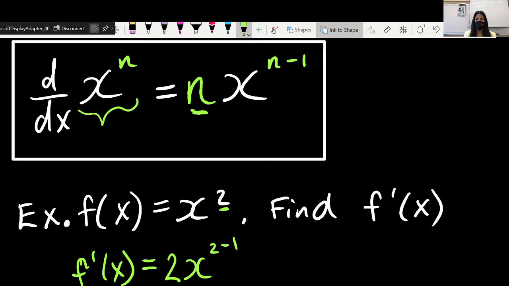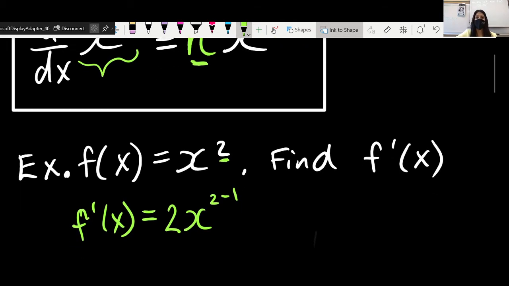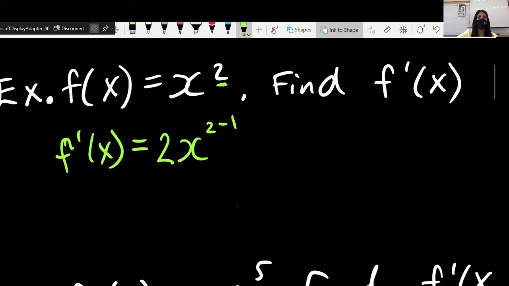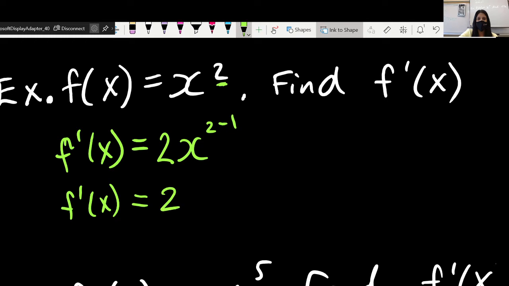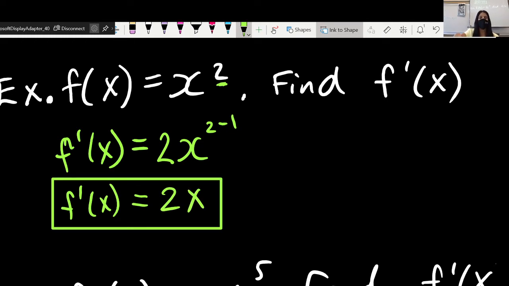Again, there is no way that I want you to actually write this out when you're going through your work. This is just me showing you all the details of how this is going to come up. But when we simplify and clear this up, the derivative of x squared ends up giving us 2x for an answer, because we did that 2 minus 1 at the top.